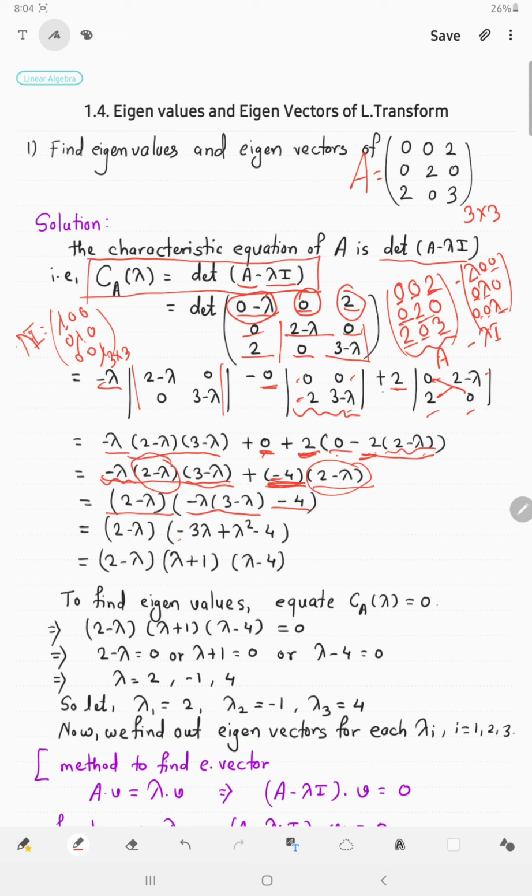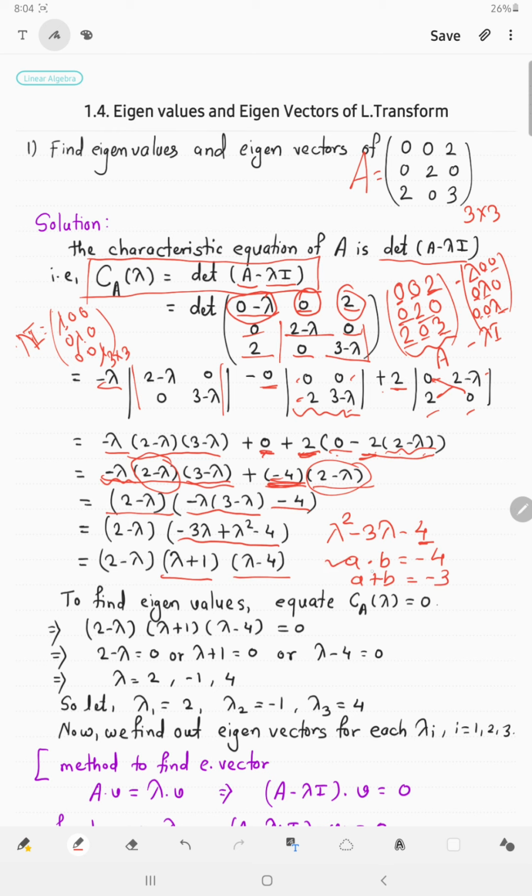Now if I do all this calculation, I will get minus 3 lambda plus lambda square minus 4. I can write this term as lambda square minus 3 lambda minus 4. Now we have to split this into two factors, lambda plus 1 and lambda minus 4. How do I do this? I want two numbers whose multiplication is minus 4 and addition is minus 3.